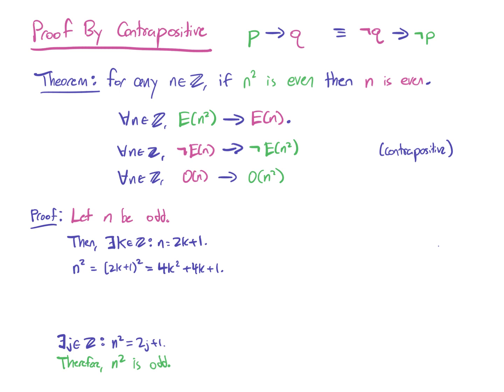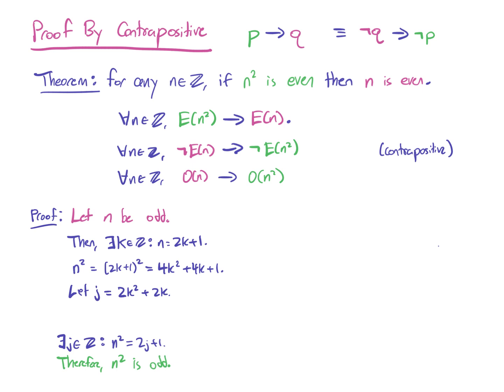What I'll do now is say, okay, let j be equal to the quantity 2k squared plus 2k. This is allowed. I haven't actually done any math in this line. I've just given a variable named j to some quantity, 2k squared plus 2k, that I already have defined.